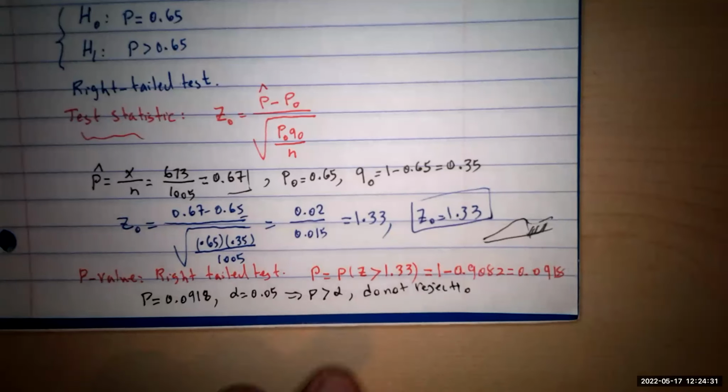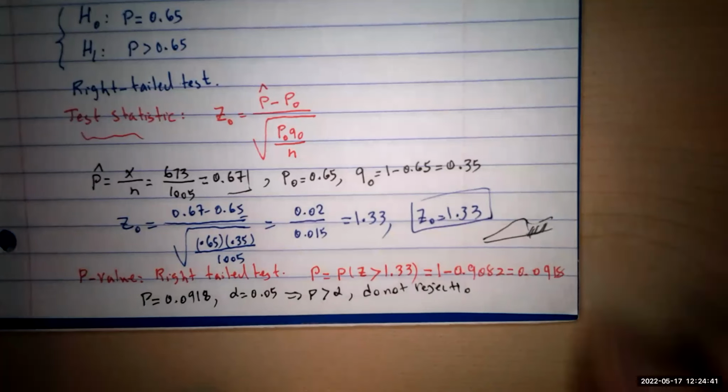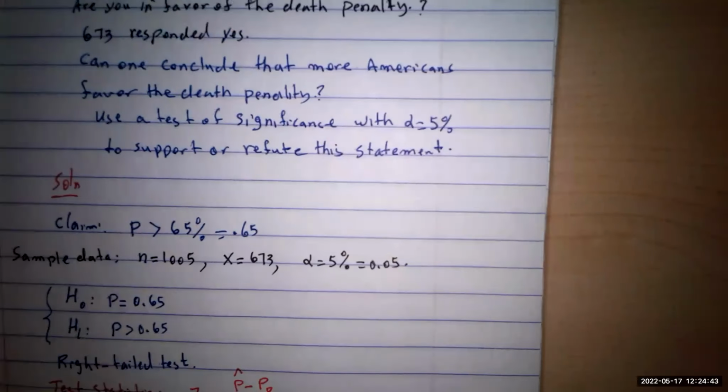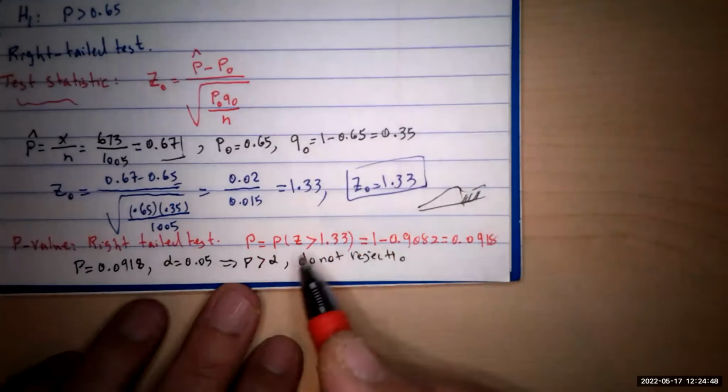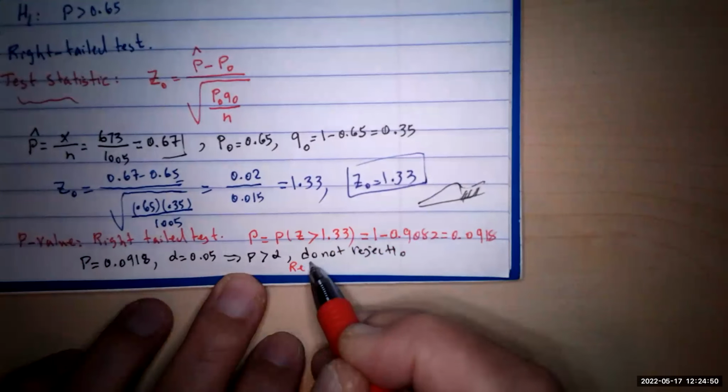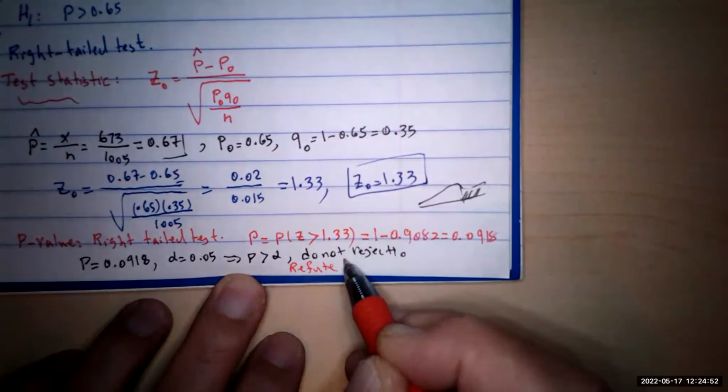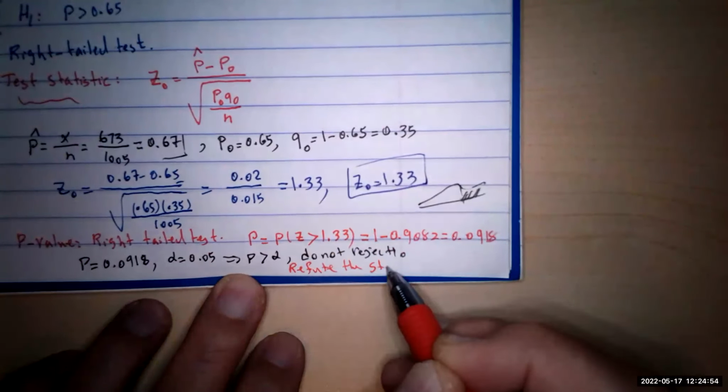So this means you like the H naught, so you have to reject the H1, and the H1 is the claim. So simply you can say that because they ask, do you support or refute the statement? The answer is going to be refute the statement.